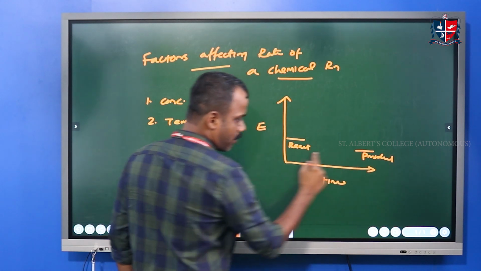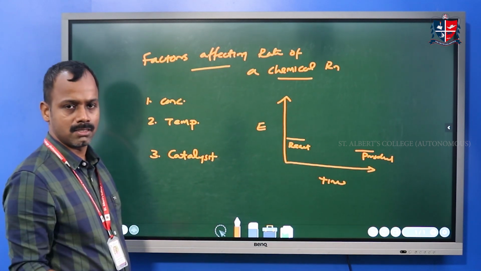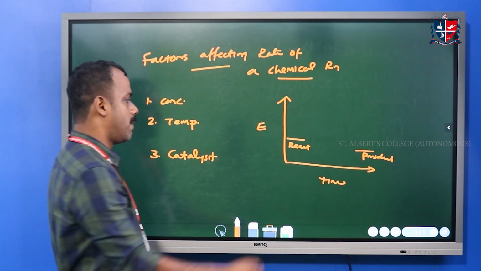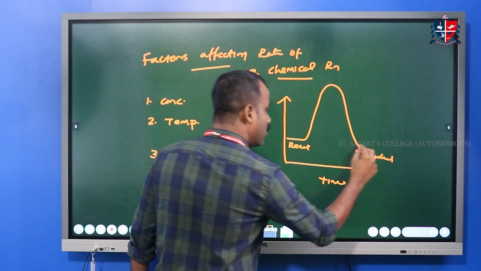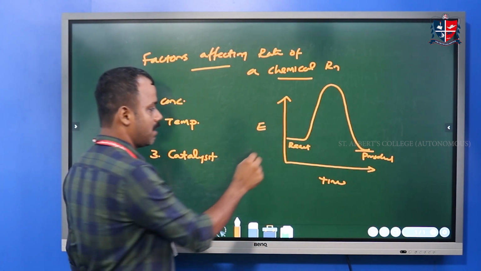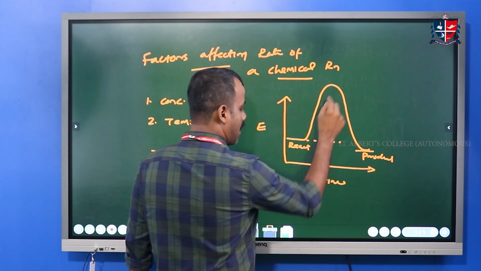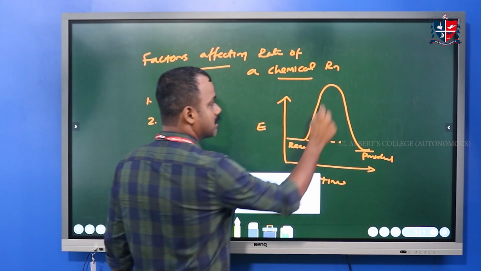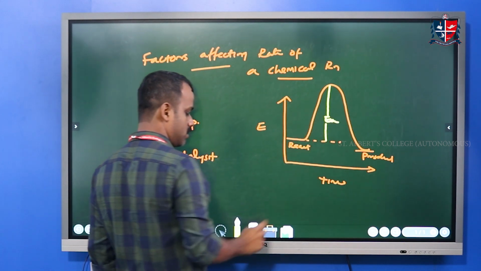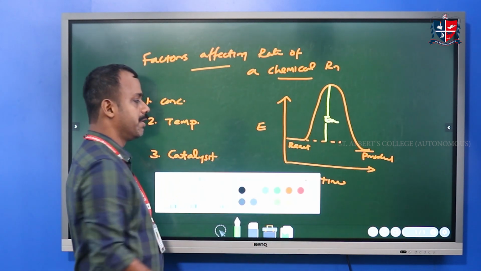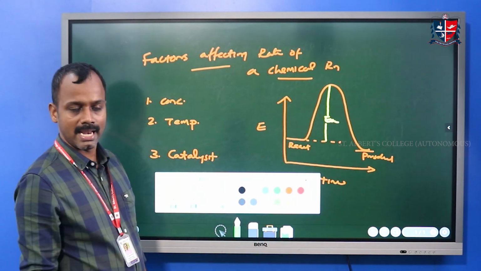The energy of product is lower than the reactant, so it's a spontaneous reaction, but the reaction rate is low due to the high activation energy. We can call it activation energy, EA. So this reaction is very slow due to the high activation energy.